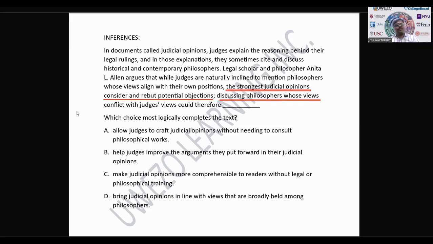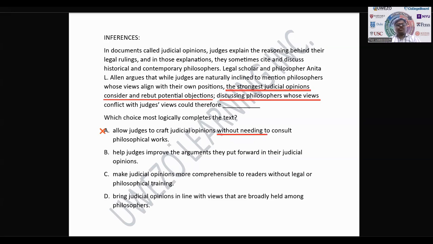First option says allow judges to craft judicial opinions without needing to consult philosophical works. This is completely contradicting because we already know that the judges consult philosophical works. So option A cannot be your answer at all. Option B says help judges improve the arguments they put forward in their judicial opinions.